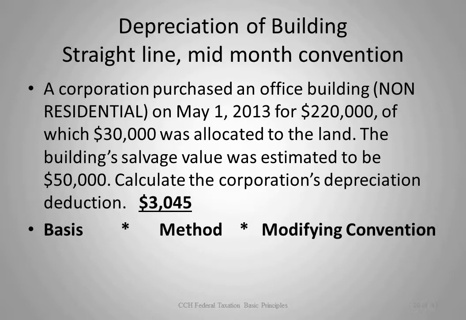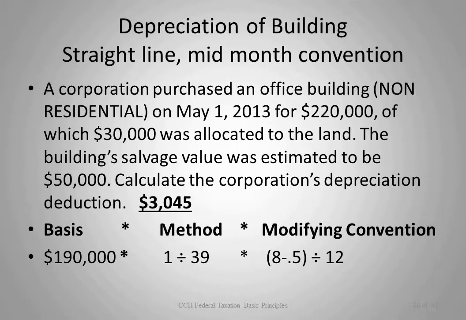The method, straight line, non-residential, so you know how many years that is. If not, you simply look it up. And you need a mid-month convention because it's a building. So that gives you 190,000 as the basis.